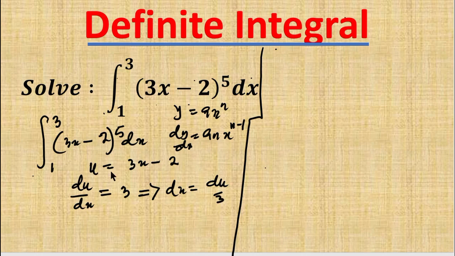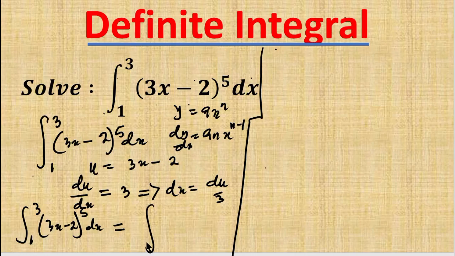So I can come into my main equation and write it this way. I have 3, I have 1. Here is (3x minus 2) all raised to power 5 dx, which can be rewritten between 3 and 1. Here will be u, since I've said let u equal 3x minus 2, so this will be u raised to power 5.